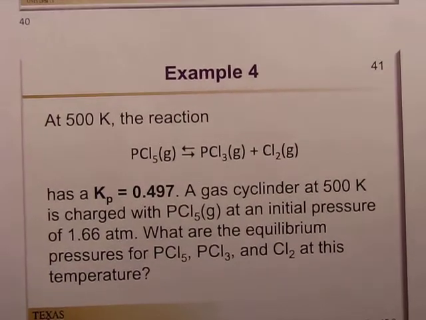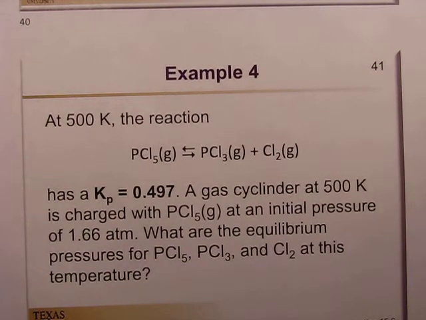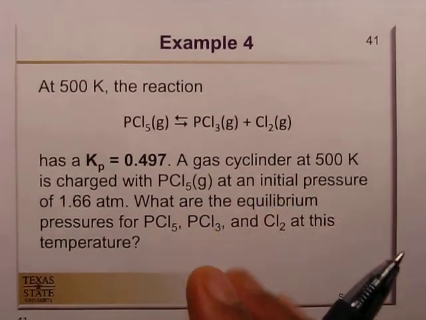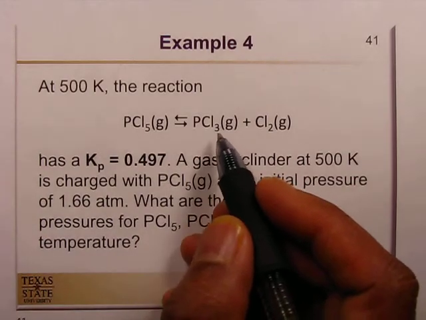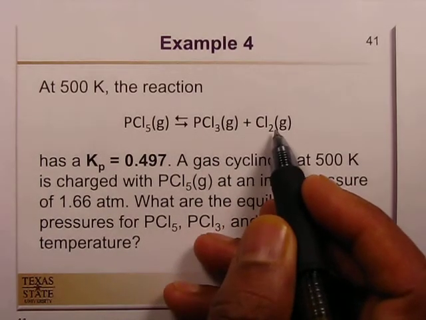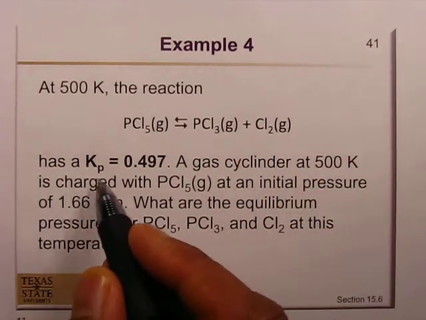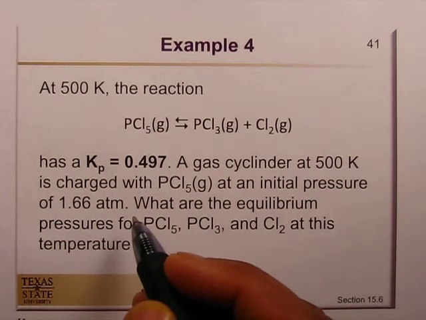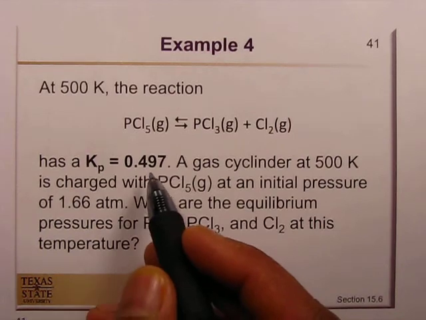For example, this question: at 500 Kelvin the reaction PCl5 gas decomposes into PCl3 and Cl2 gas, and has a Kp of 0.497.